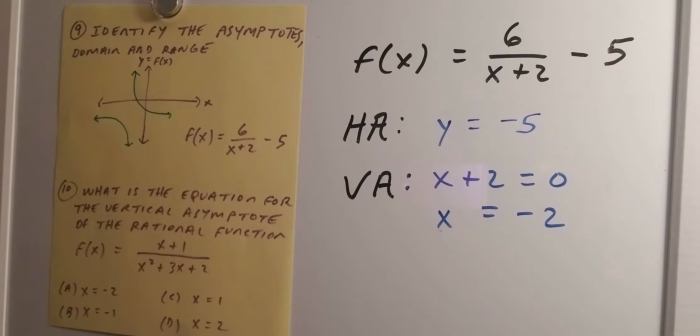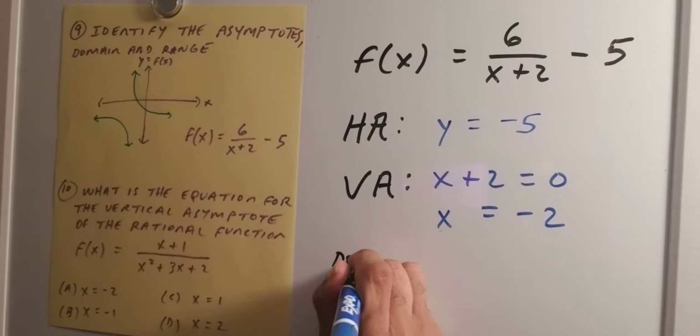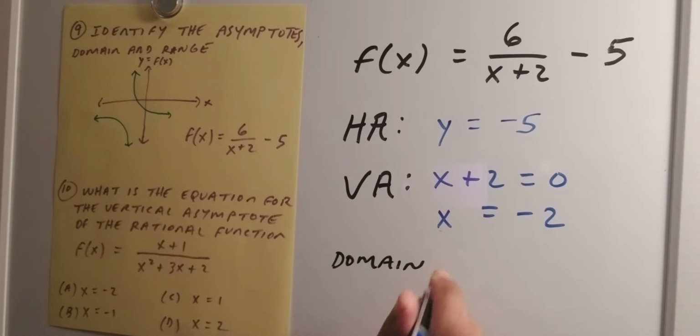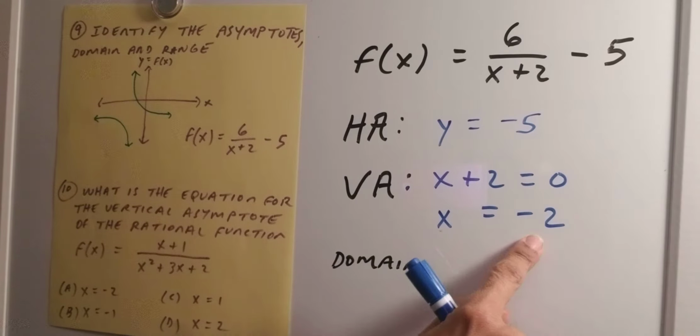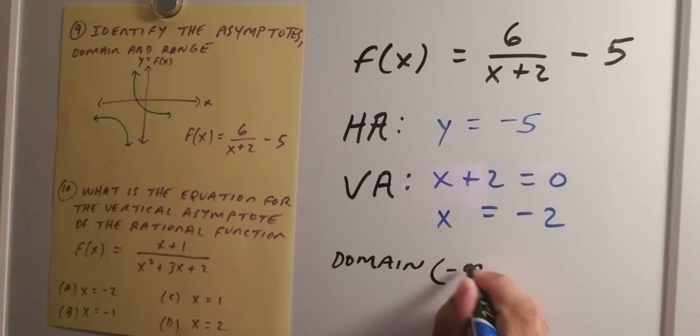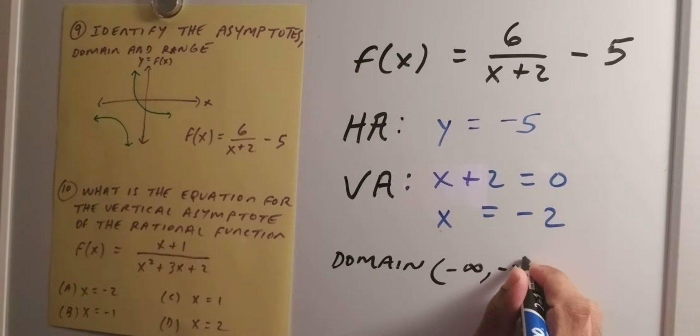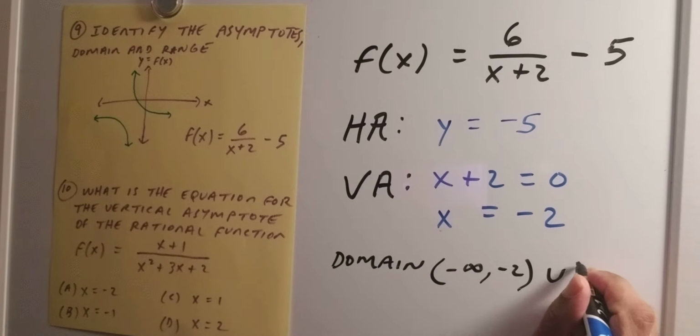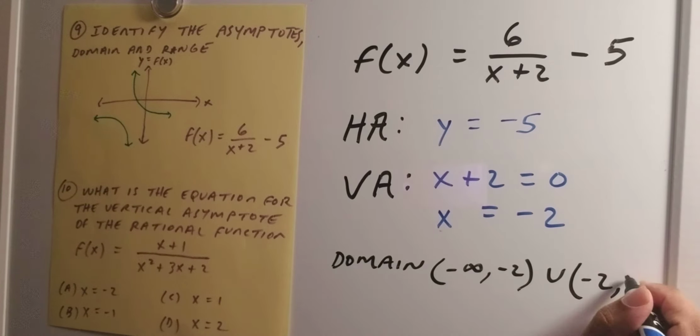Now the domain, we can see otherwise all real numbers except for x equals -2. We're going to go negative infinity to -2, parenthesis, union, -2 to positive infinity, parenthesis again because -2 is excluded.